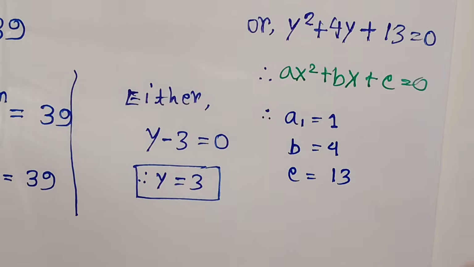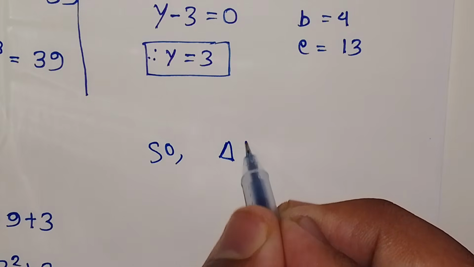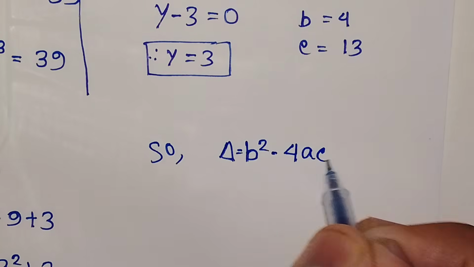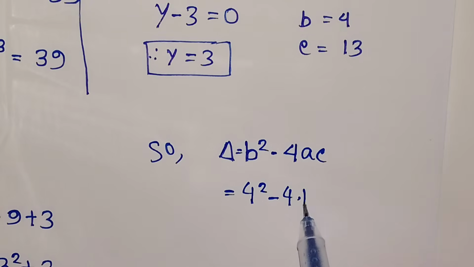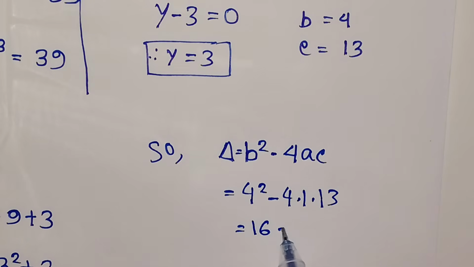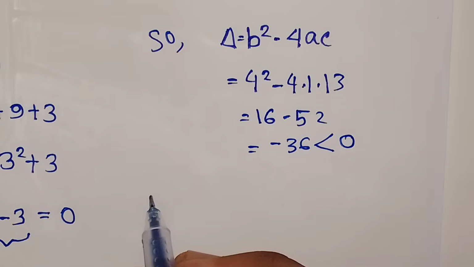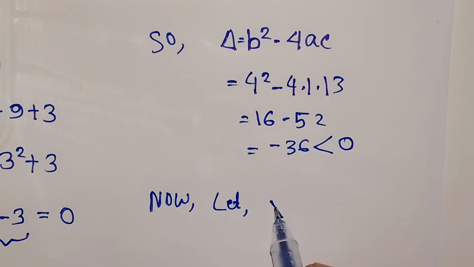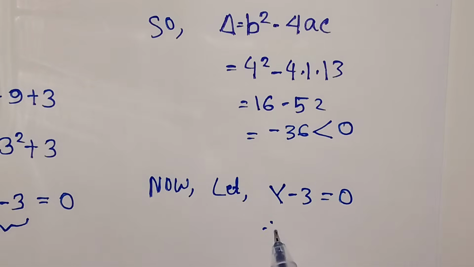So now we apply the quadratic formula, the discriminant b squared minus 4ac. Then we replace the values and get 4 squared minus 4 times 1 times 13. Then it will be 16 minus 52, and it will be minus 36. So it is less than 0. This is a negative value and there is no real solution of y from this.